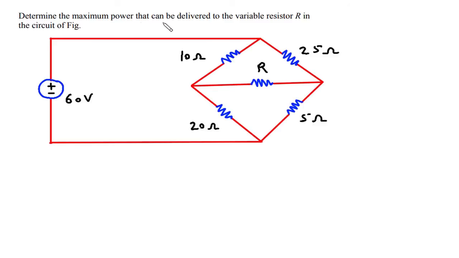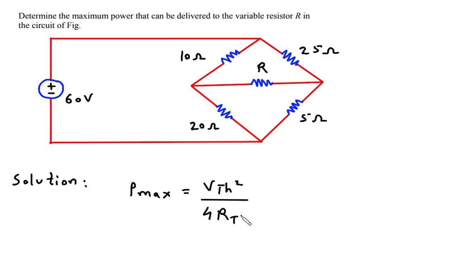Determine the maximum power that can be delivered to the variable resistor R in the circuit of figure. Solution. We have to find the maximum power. P max is equal to VTH square by 4 RTH.